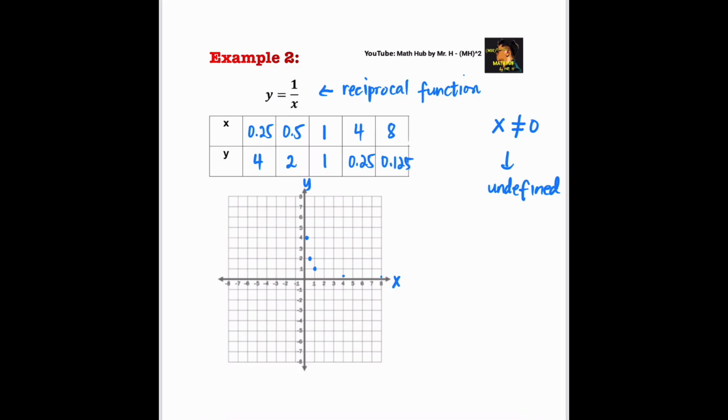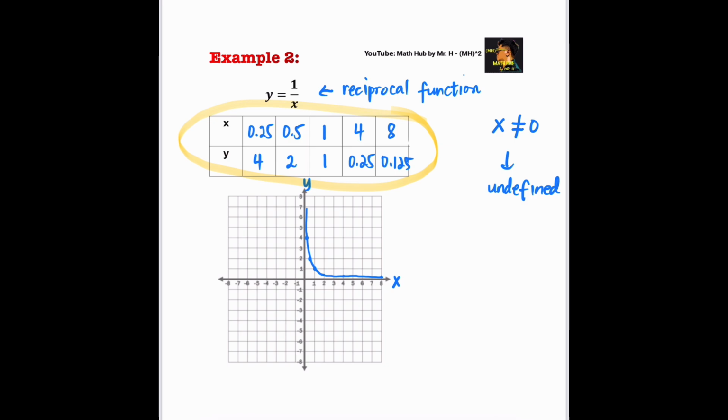And we need to connect the dots. It's not going to touch 0. My graph is not drawn perfectly, but you can get the idea from the table of values that I presented to you and how each point is located on the grid.